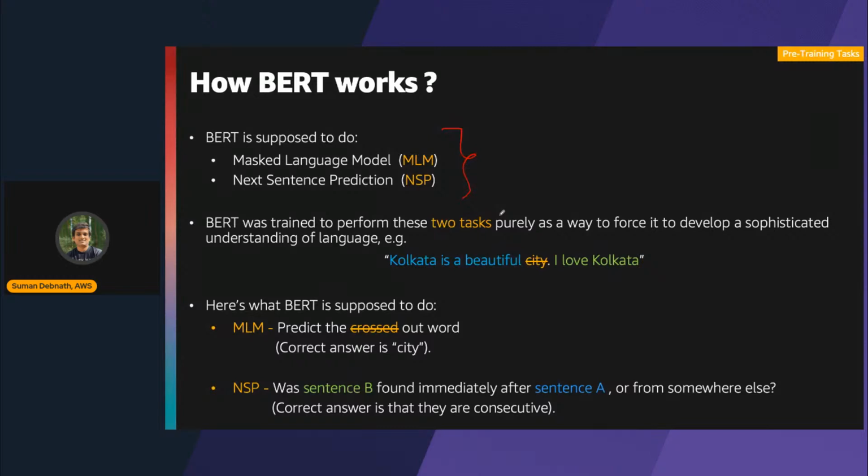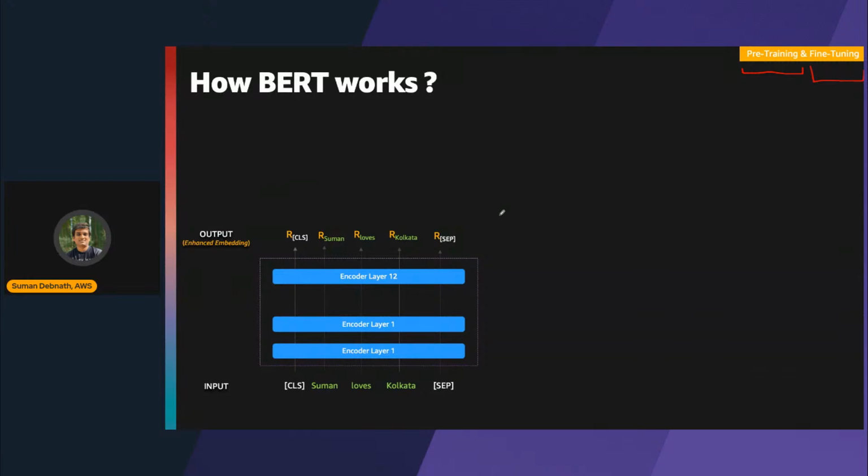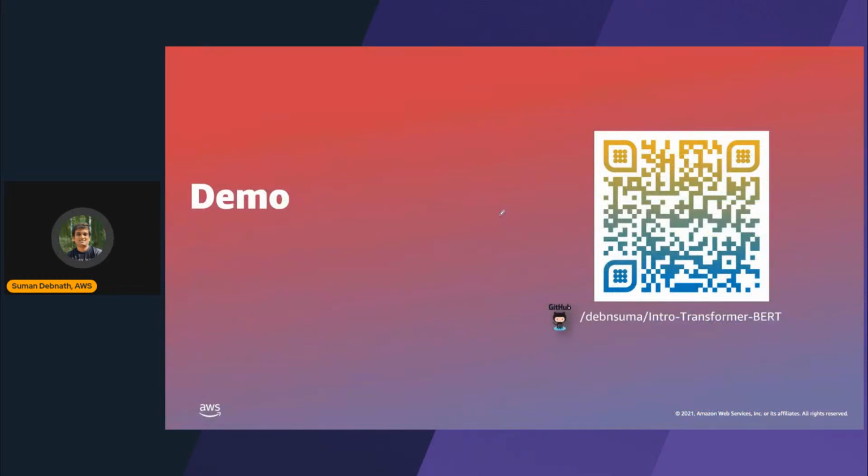We have libraries like HuggingFace, which has a library for BERT that has been pre-trained on solving these two problems on a very large corpus of data. All we can do is train our model on top of it, and we can get away with that. So that's about BERT at a very high level.